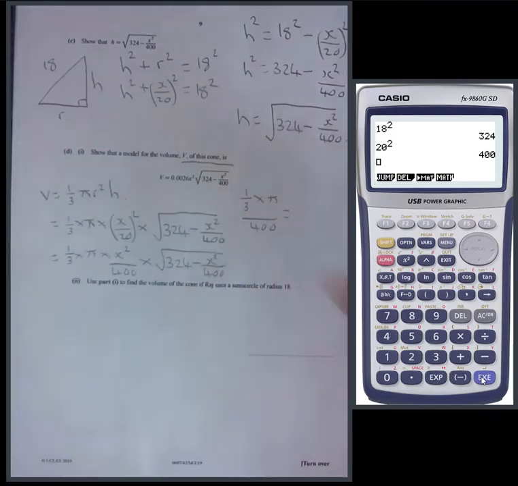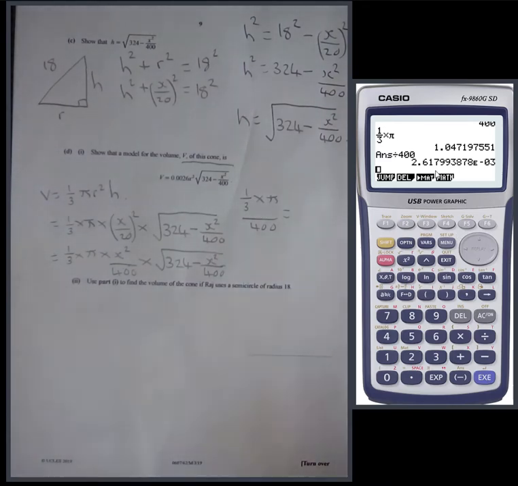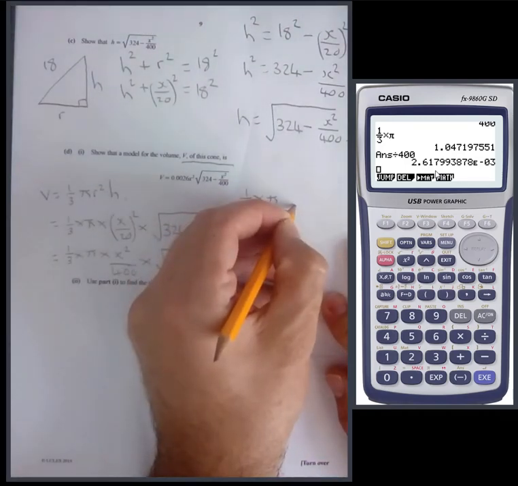Let's see what that equals. 1/3 times pi, I'm just going to do that and divide by 400. And that's giving me, annoyingly, the answer in standard form.